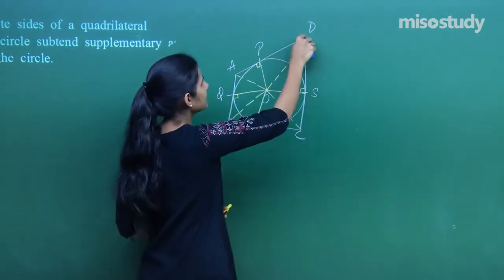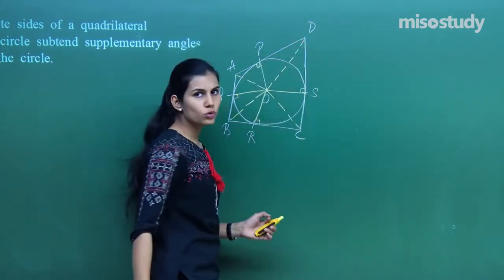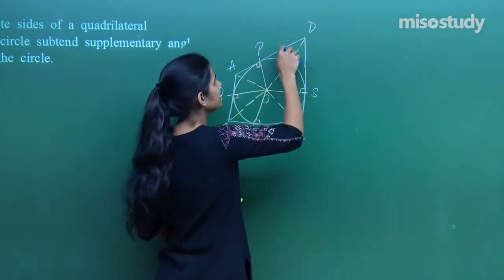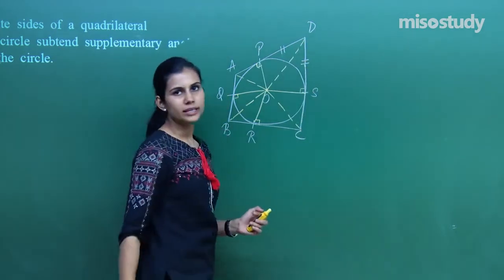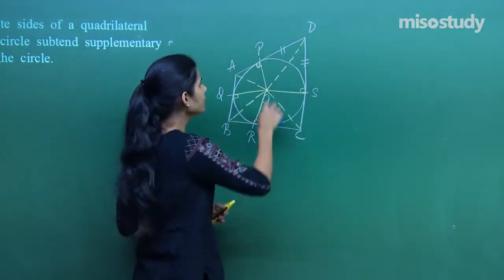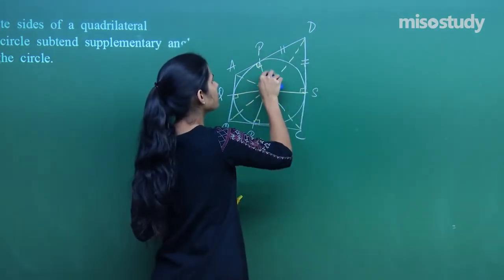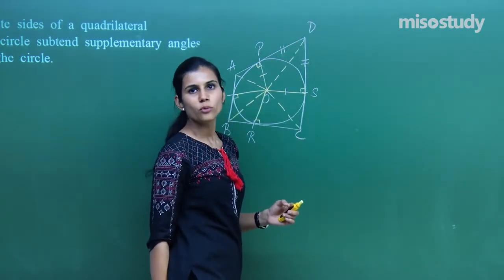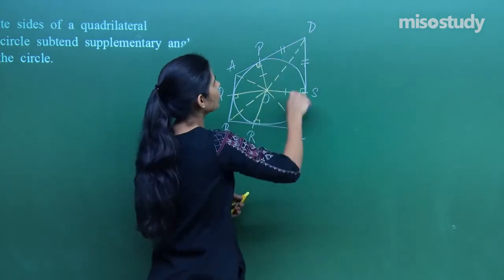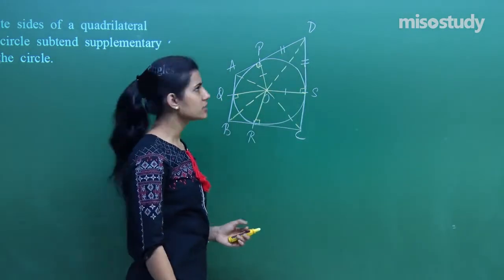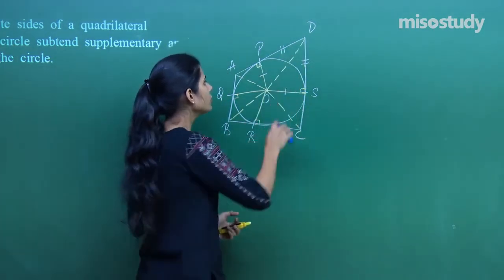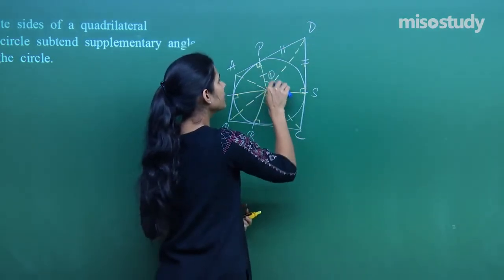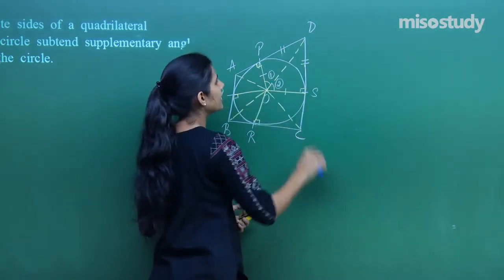You all know that DP and DS are two tangents drawn from an external point D, and so they will be equal in length. Moreover, OP is same as OS because both are radius, and OD is equal to OD because this is a common side in both the triangles OPD and OSD, and therefore by SSS congruence rule both the triangles will be congruent, and so this angle, angle 1, will be equal to this angle, angle 2.